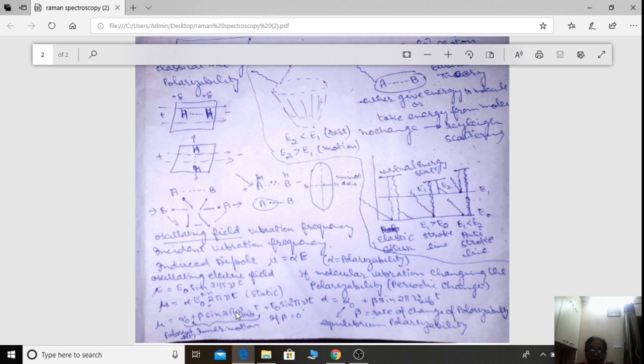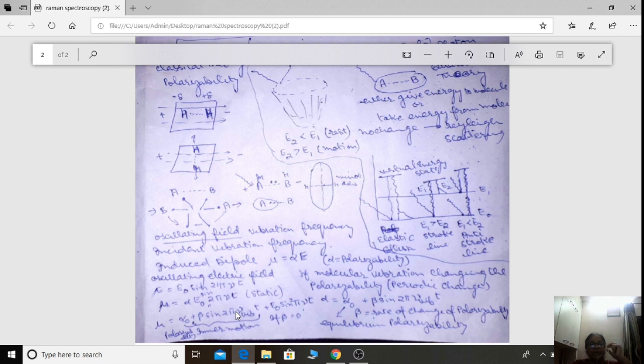Alpha naught is the equilibrium polarizability. Now the induced dipole moment mu will be alpha naught plus beta sine 2 pi nu vibration t, times E naught sine 2 pi nu t. Beta is what? It is the polarization effect. It is due to the inner motion of the electron.